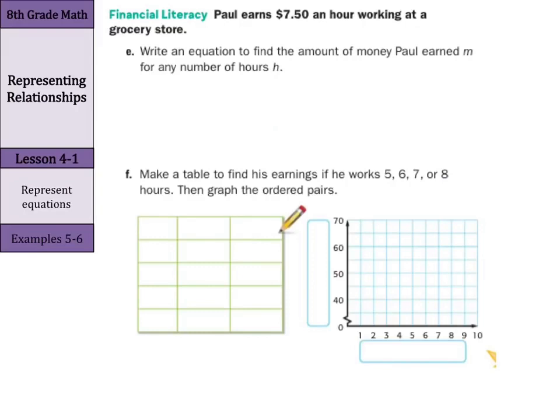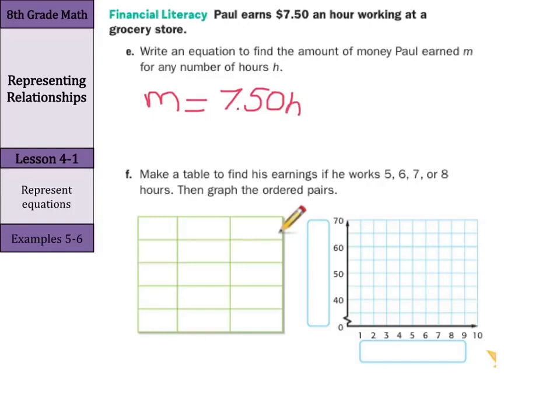As we move on to our last example here, Paul earned $7.50 an hour working at a grocery store. Write an equation to find the amount of money Paul earned, M, for any number of hours, H. Well, we're looking for our money earned. So that's going to be M equals, well, he makes $7.50 for each hour.